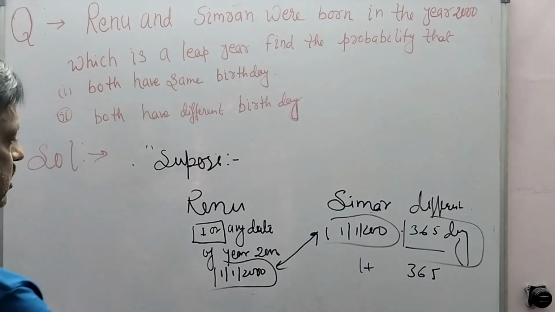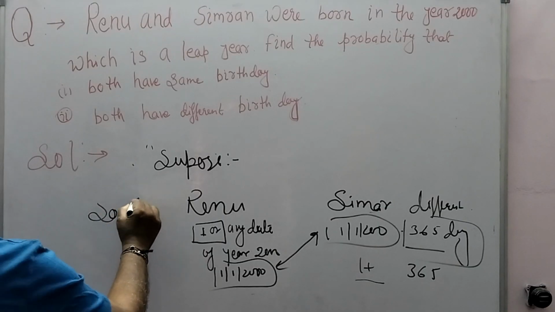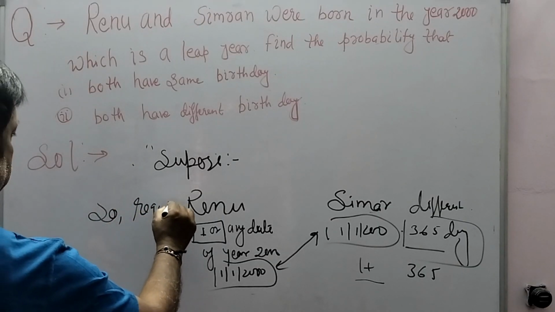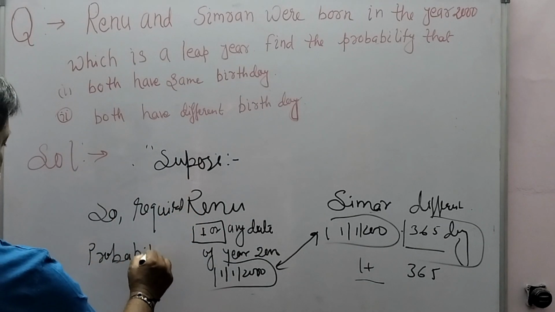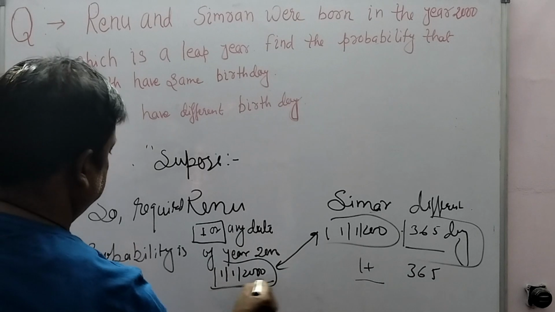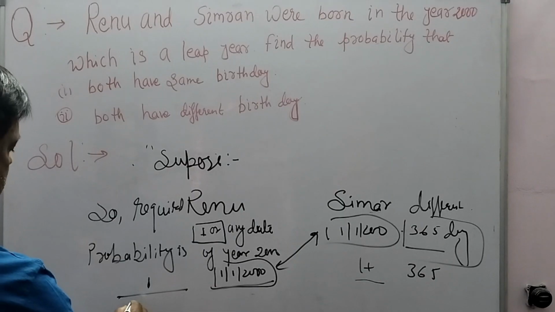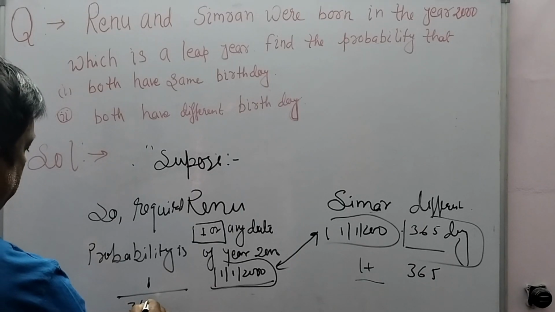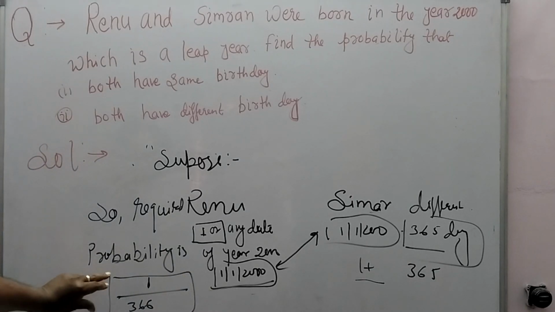So the favorable condition is only 1 and the total outcomes are 366. So the required probability is 1 by 366 that both Renu and Simran have the same date of birth.